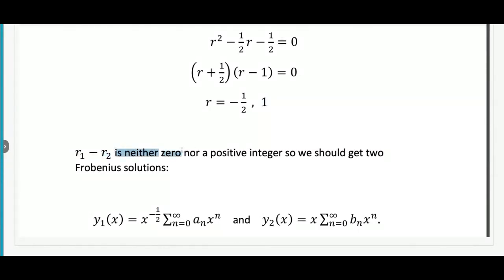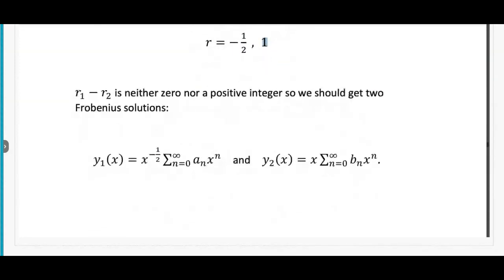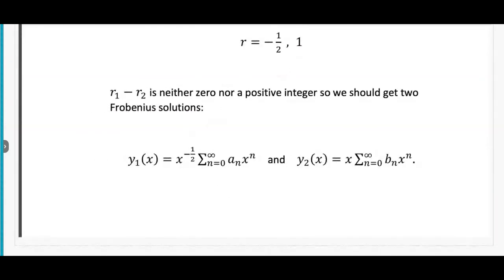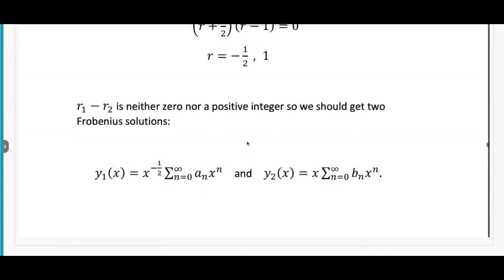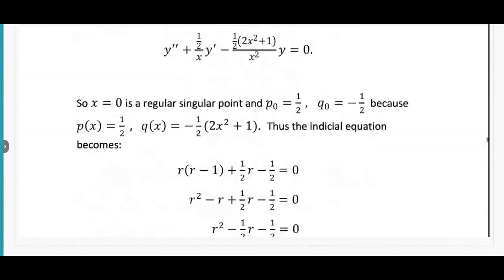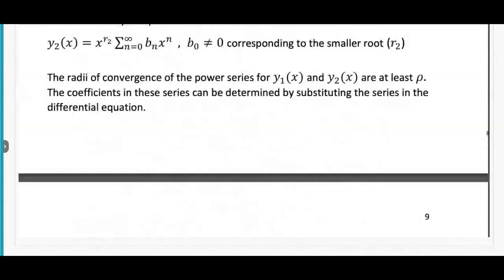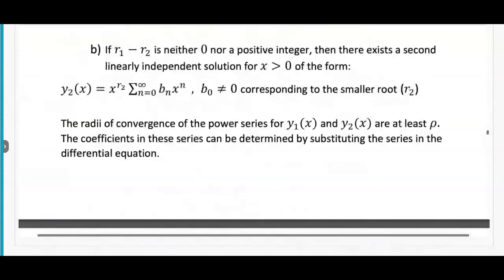So this difference is neither 0, of course, nor a positive integer, so we should get two Frobenius solutions. Didn't it say in the theory that R1 is greater than or equal to R2, like on page 8 in the theorem? That's right. Yeah, sometimes there's a typo.